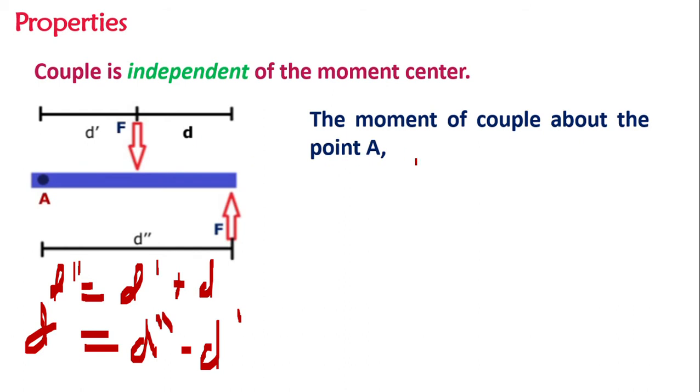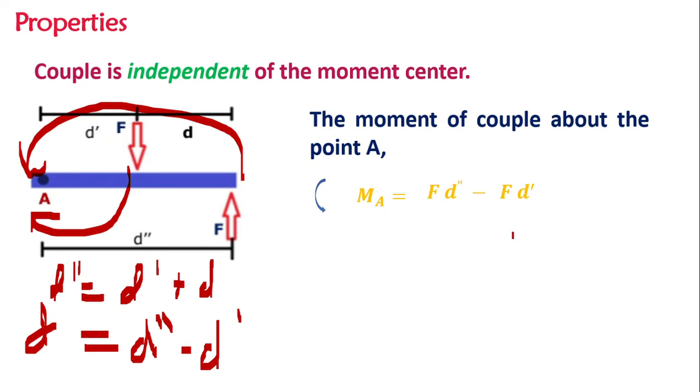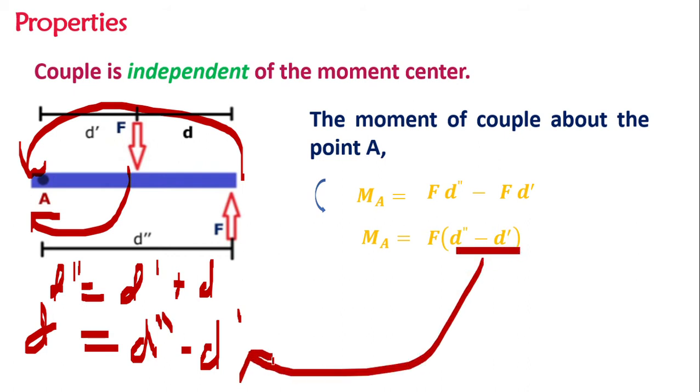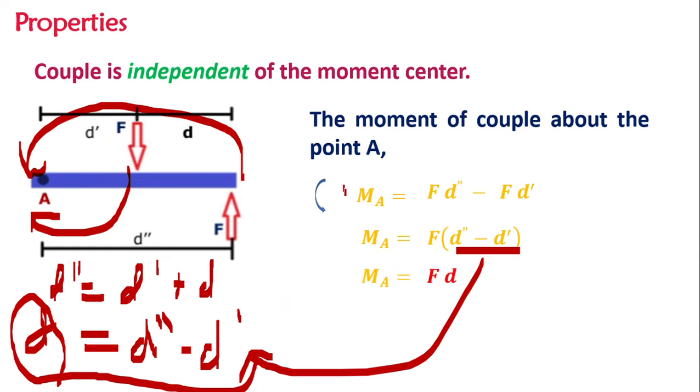So, the moment of the couple about the point A, makita mo that counterclockwise is positive. So, this is counterclockwise. This is clockwise, kaya minus yan. So, ito yung sinasabi ko kanina. Ayan, which is equal to the value of d. Parang dinerive ko ang formula. Okay. So, may plus to na wala at hindi lumitaw.